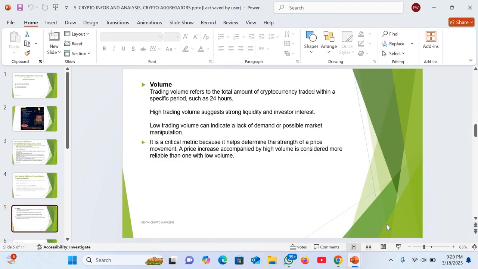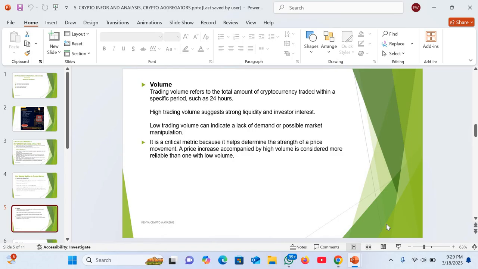And remember, we always say that high volumes plus price action equals price increase. If there is a high volume, you combine that with the price action, you will definitely see a price increase.